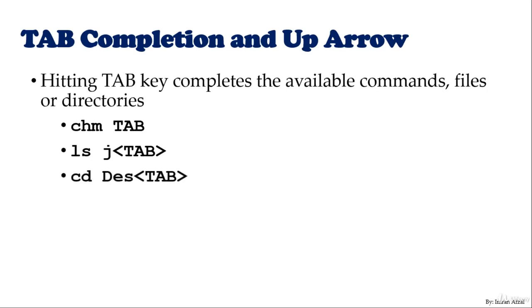Then you have cd des. So if you do cd des and hit tab, it will bring you all the directories that match the first three letters, uppercase DES. So basically, the tab makes the typing a lot easier in Linux.